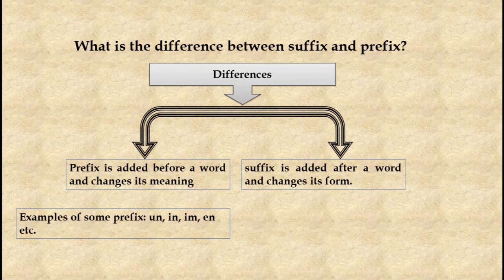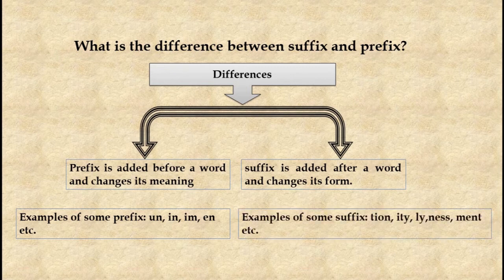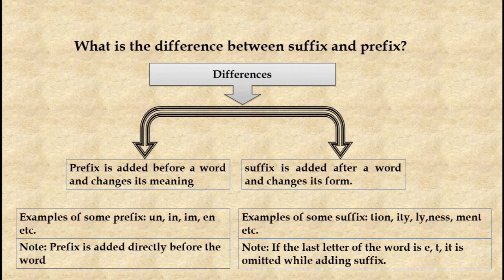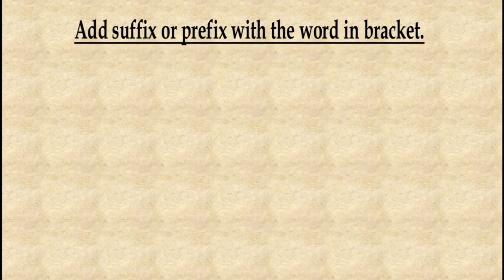Examples of some prefix: un, in, im, en, etc. Examples of some suffix: tion, ity, ly, ness, ment, etc. Prefix is added directly before the word. If the last letter of the word is e, it is omitted while adding suffix.